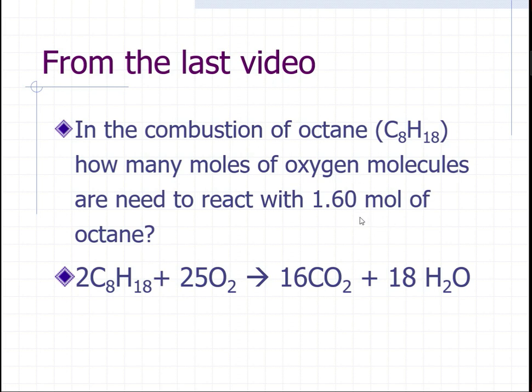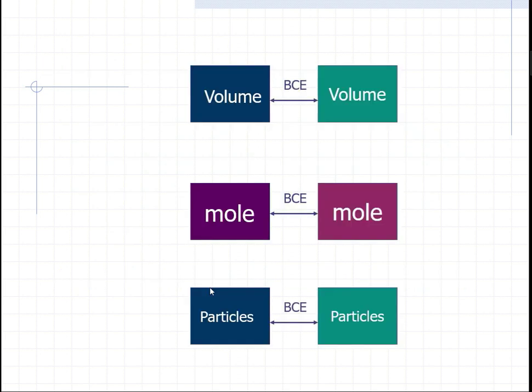So in the last question, we came up with that 183 grams of octane was actually 1.60 moles. Well, now I want to look at another compound. I want to look at oxygen. So if I have 1.6 moles of octane, that's C8H18, how many moles of oxygen do I need? I'm going to make the connections like we did yesterday, or earlier today, where we went between volume to volume, mole to mole, or particle to particle using the BCE, the balanced chemical equation.